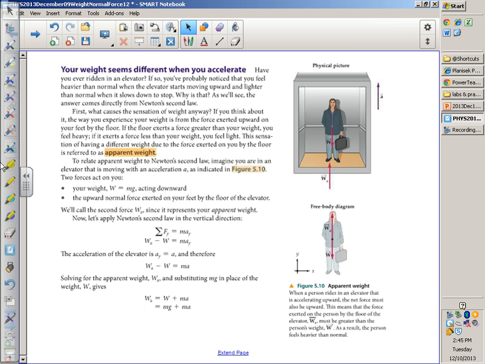This sensation of having a different weight due to the force exerted on you by the floor is referred to as apparent weight. It's a change not in the gravity that's acting on you, but in the other forces, specifically the normal force. And that causes this change in sensation. Okay? Good there?